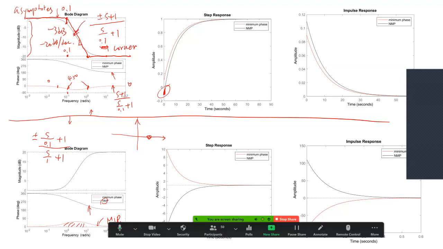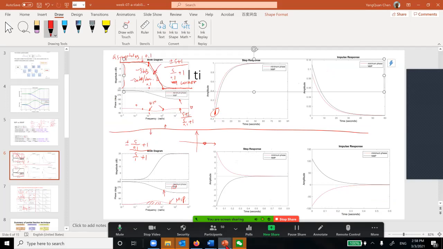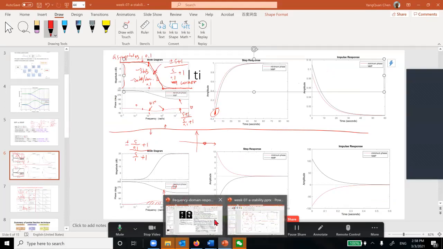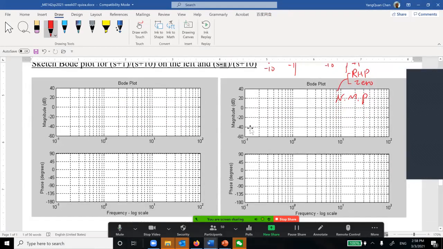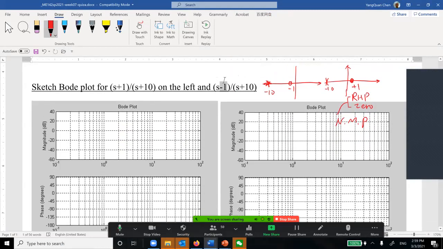So that is for our homework, sorry, the quiz questions in here. Any questions at this point? Are you able to draw that for me? Just go a little extra, be careful, okay? Because of this minus sign, there's some difference, okay?